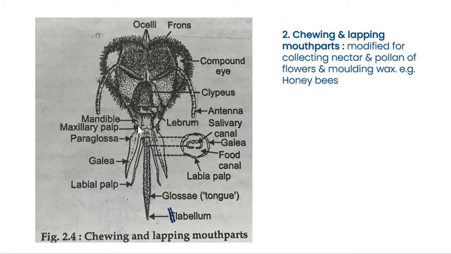Here you can see the labrum, then the mandibles, which are reduced. The paraglossae are modified, the galea is also modified, the labial palp is modified, and the labium is modified to form a structure acting as a labellum.